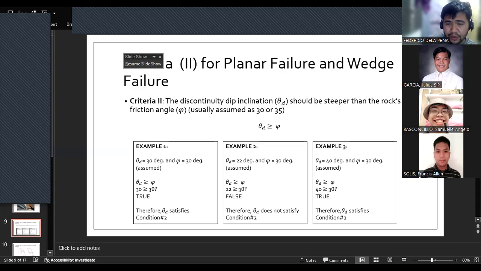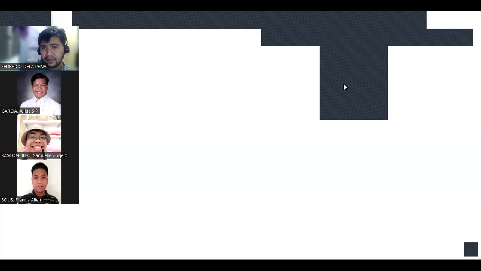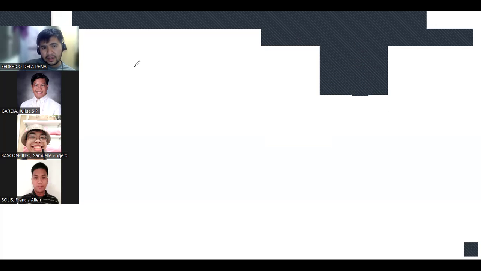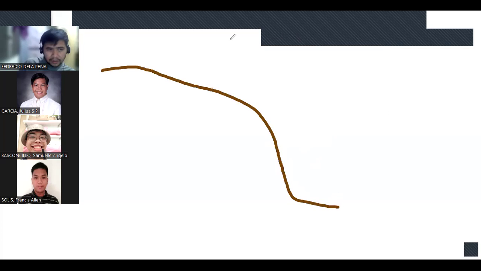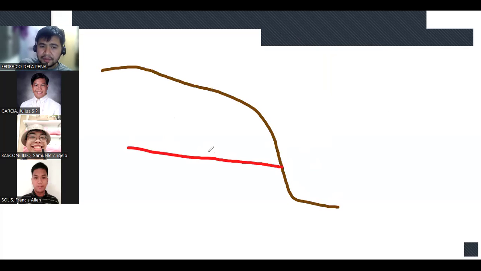And then criteria 2, basically the discontinuity dip inclination should be steeper than the friction angle. So again, I'm just gonna draw this for the sake of clarity. If this is your rock slope, and this is your discontinuity, okay?